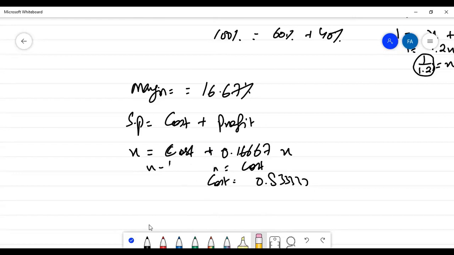I'll change it over here so that there should not be any confusion regarding the percentage sign. So the cost is 0.8333 and it verifies that our answer obtained over here is correct.